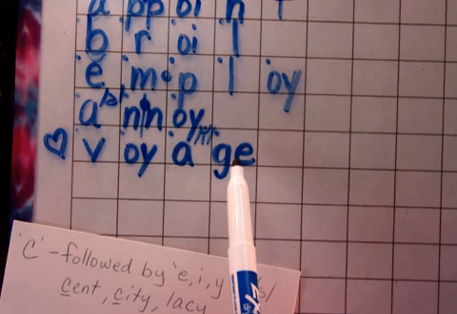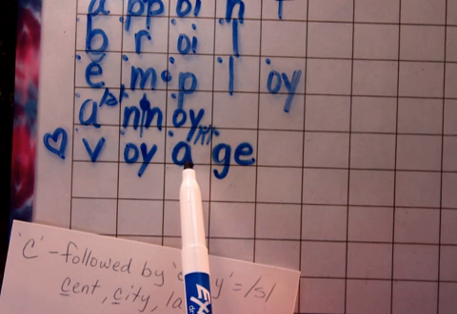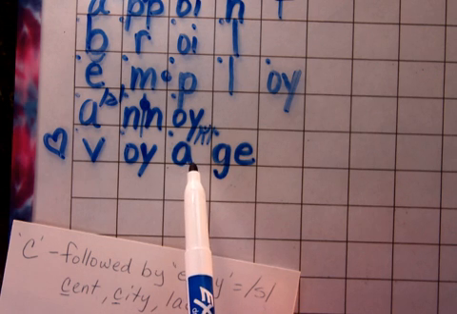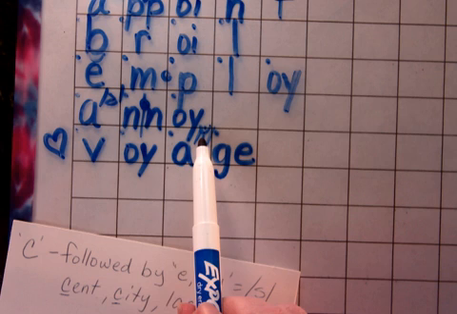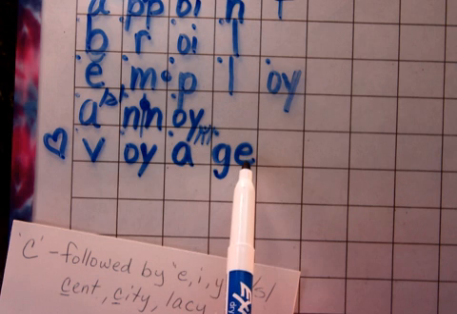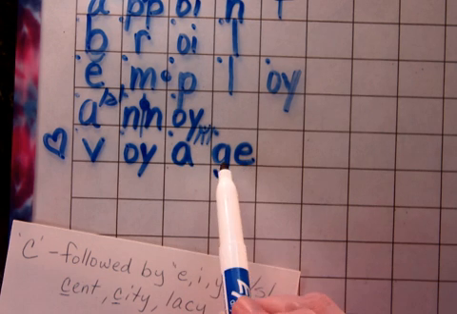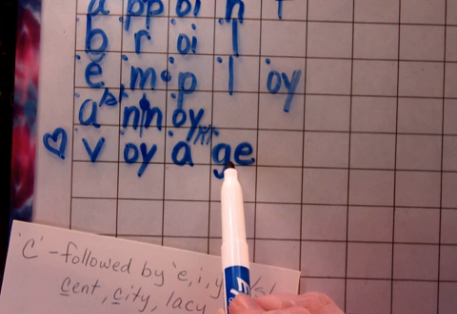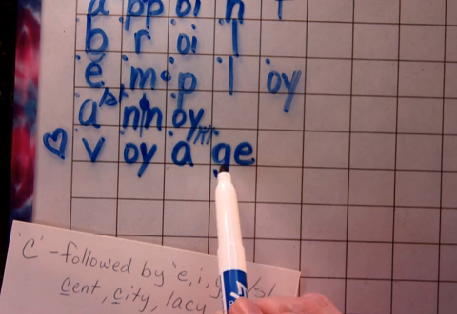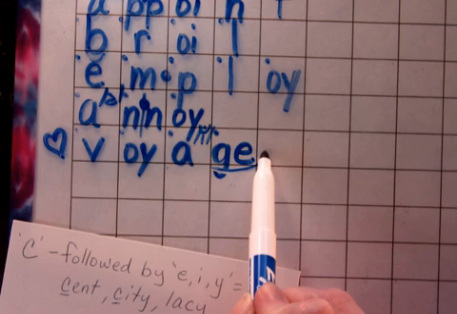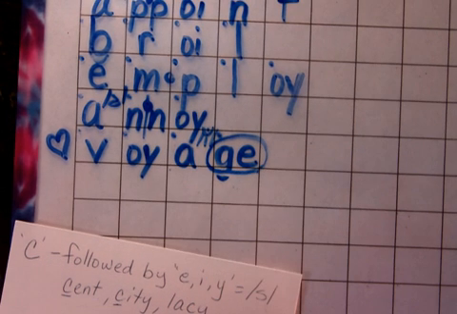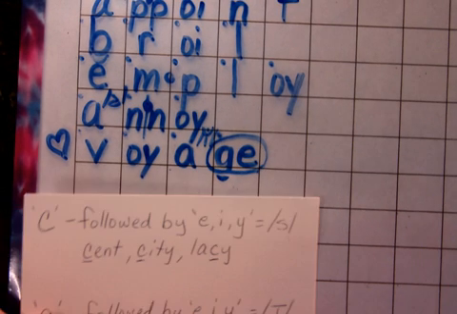The silent E is not making the A say its long sound, A, because it says it in this word. The only reason why the silent E is there is to make that G say J, like gem and giant. So I want you to circle the G and the E so that you can remember this rule.